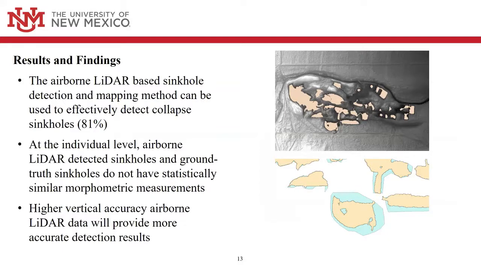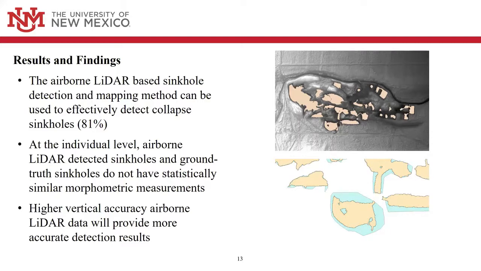But at the individual level, the LiDAR-detected sinkholes and the ground truth sinkholes do not have statistically similar morphometric measurements, like I'm showing on the bottom picture, where the cyan color is the actual sinkhole and the brown color is the detected sinkhole.